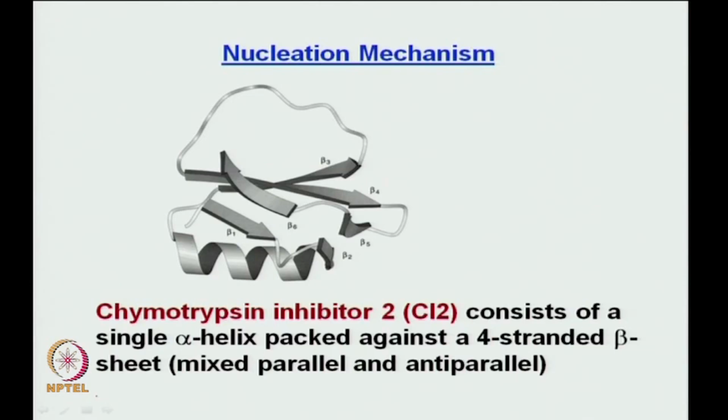The structure is, well, I have taken this structure from this journal, this is by the group of Fersht. You look at this, here this is a disordered loop, right. This is often referred to as the reactive center loop. This is the loop which actually ends up inhibiting the way it goes in, but again you look at this helix. So, it has only one helix and how many strands?